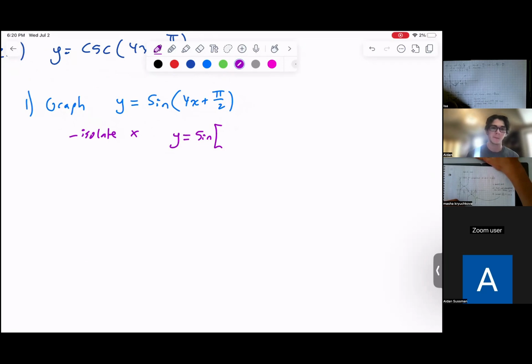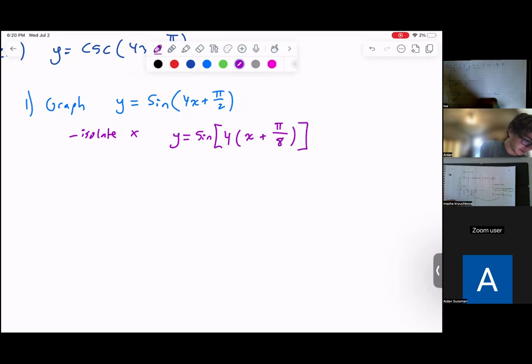What does this become? 4 times x plus pi over 6? Not pi over 6, pi over 8. Pi over 8, perfect. You're on the right track. Awesome. You just take this number and we divide it by 4.